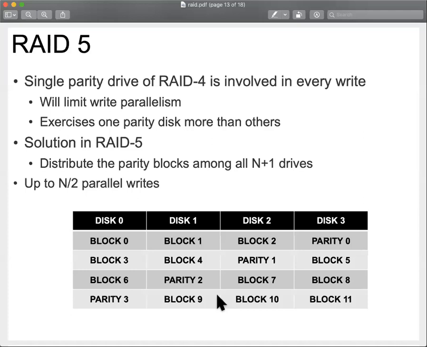Anurag is saying, doesn't the parity update operation make data writing delayed? So in order to update the parity, you have to recompute the parity and then write it.